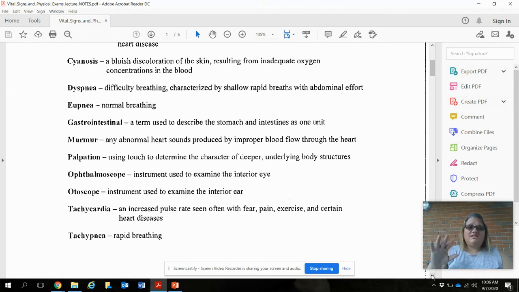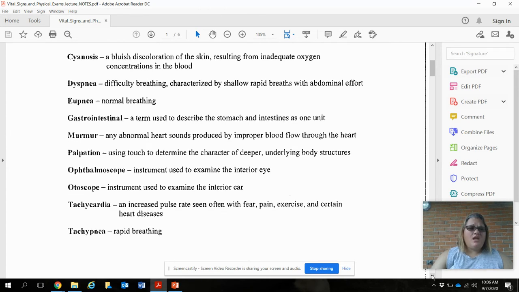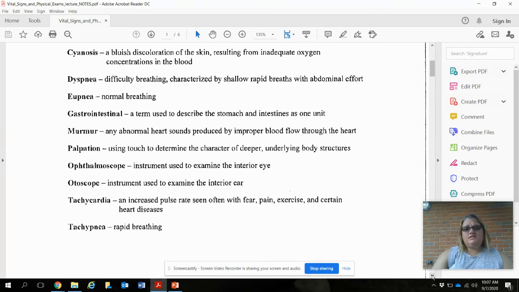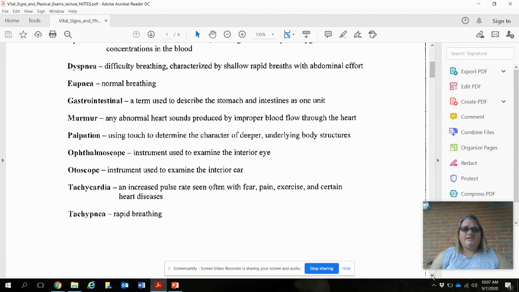We have palpation, that's to touch or feel the structures of the body. Ophthalmoscope, an instrument to look at the eye. Otoscope is an instrument used to look at the inner ear.